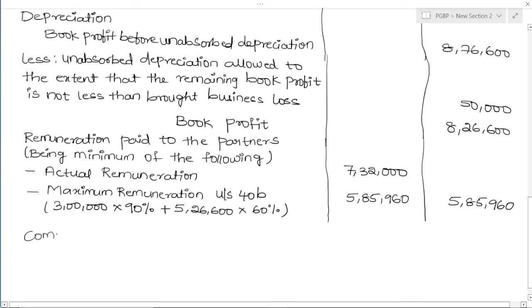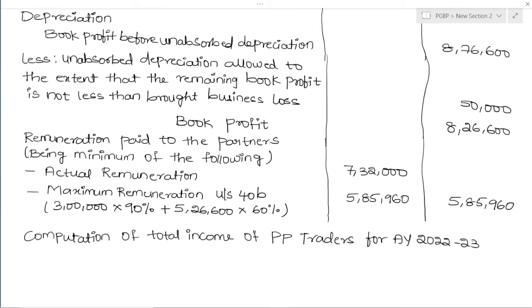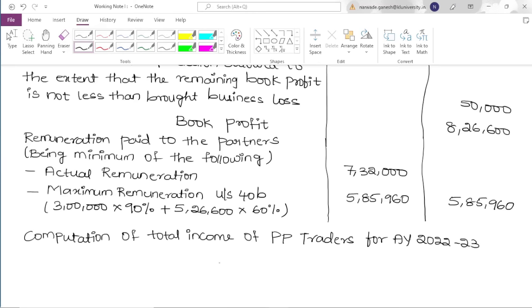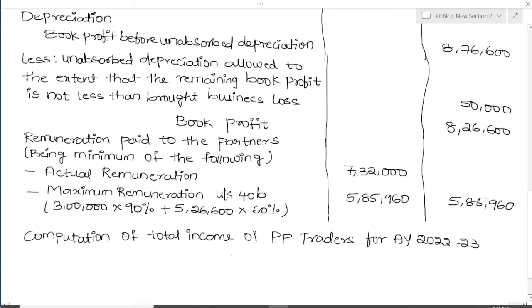Computation of total income of PP traders for the assessment year 22-23.